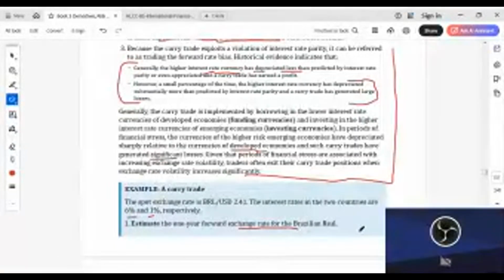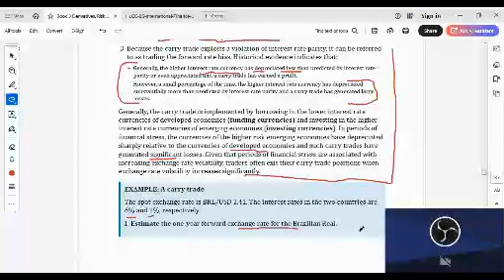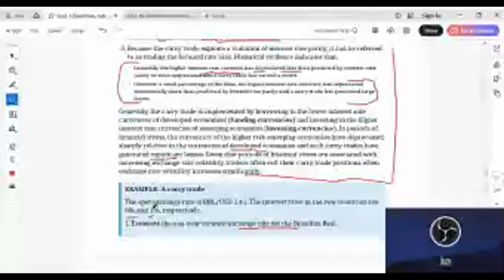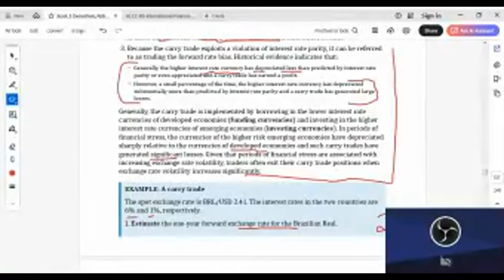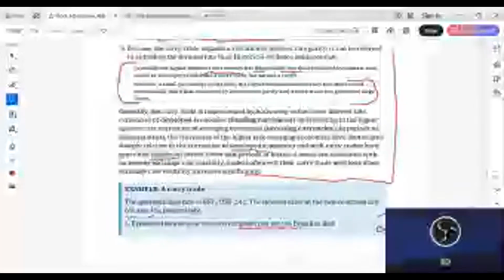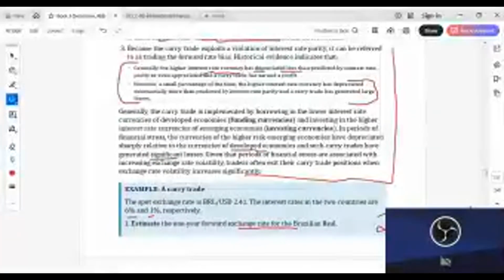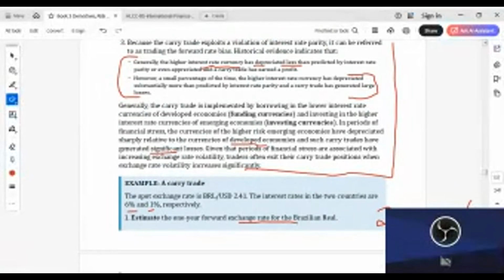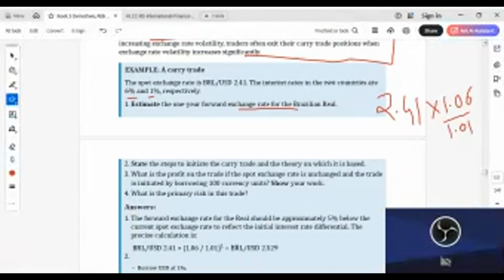Forward exchange rate for Brazilian real. 1 USD is 2.41 real per interest rate, so it should appreciate. So 2.41 into 1.06 by 1.01. Roughly it should appreciate by 5%. So it is coming out to be 2.529.